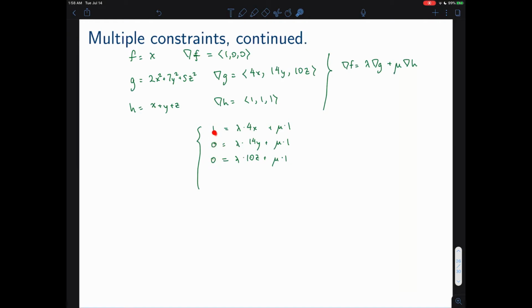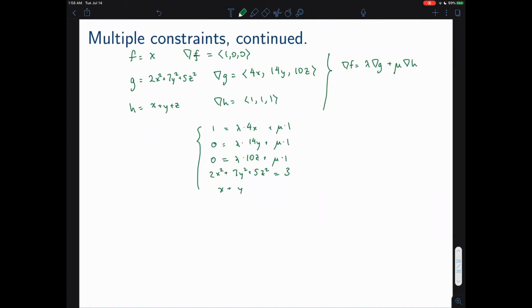So here are the entries of gradient f, 1, 0, 0, and the entries of gradient g and the entries of gradient h are 1, 1, 1. And that just comes from writing out these vectors and setting the x's, the y's, and the z's to be equal. And then we also have to have the constraint equations. And this time there's two constraint equations. 2x squared plus 7y squared plus 5z squared equals, what was it? 3. It equals 3.